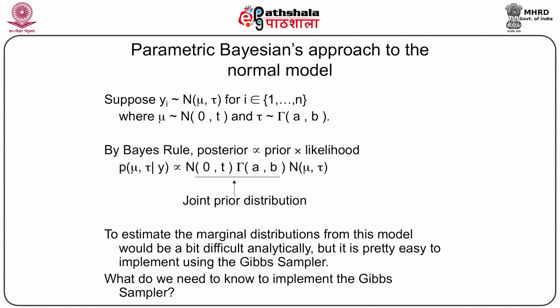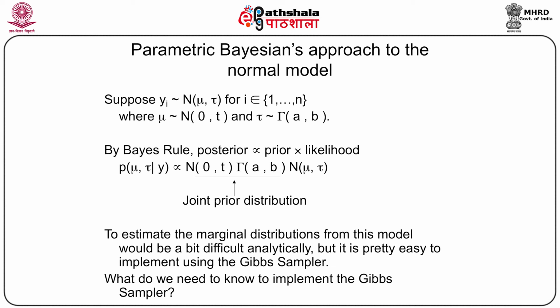To estimate the marginal distributions from this model will be difficult analytically, but it's pretty easy to implement using the Gibbs sampler. Why? Because analytical expressions to integrate are not possible, so we have to go through a numerical approach, and the Gibbs sampler is that approach which will rescue us.